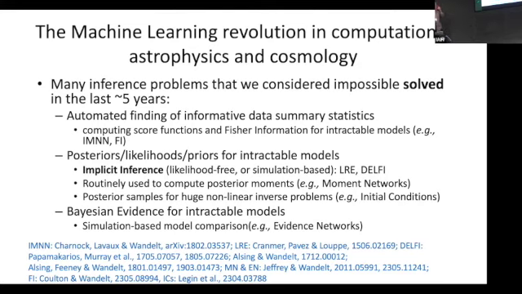I'll go into this a bit more later. Or computing posteriors or likelihoods, or using prior information for intractable models. Fitting hydro simulations to data, like putting full computational hydro simulations to data. People would have thought you were crazy if you suggested that. Now there are many papers already doing that. I'm not going to give you examples now because I wanted to talk about more recent stuff. That's old hat now.